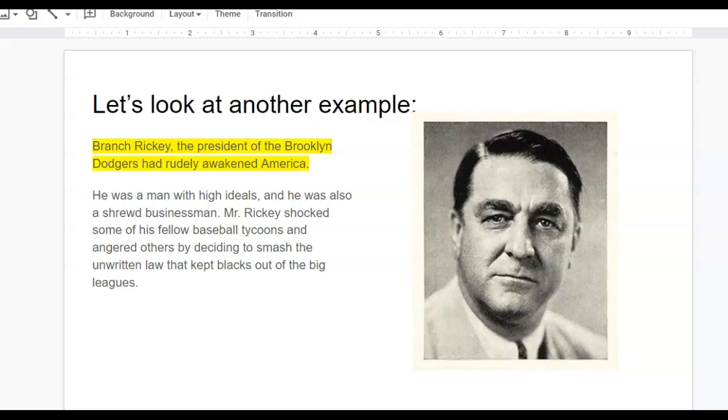And then when we bring it back to the tone or mood, the tone is kind of shocking, right? You're like, wow, rudely awakened America. They want you to get this idea that America was upset by this. And so what do you feel from hearing that America was outraged by this? How does this make you feel?